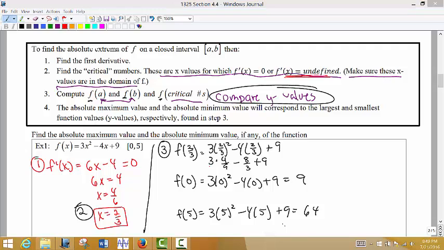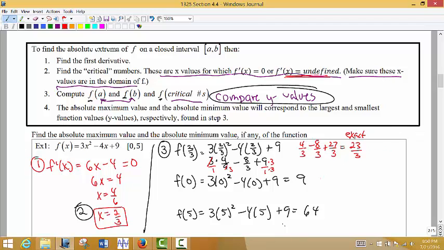Let's simplify this part right here. I would get 4/3 minus 8/3, and we need a common denominator here as well, plus 27/3. That gives me 23/3. So this would be the exact value of that y value.